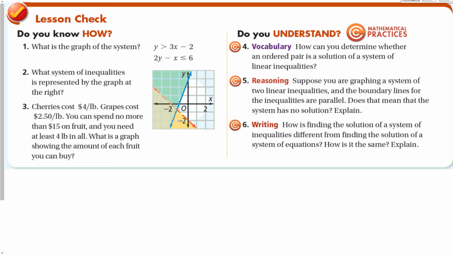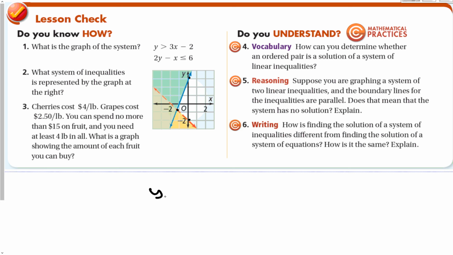So to graph the system, graph the two lines, shade above the line here, below the line here, and see where the two things overlap. What system of inequalities is represented by the graph on the right? We can do this one real quick. There's my intercept for the red line.